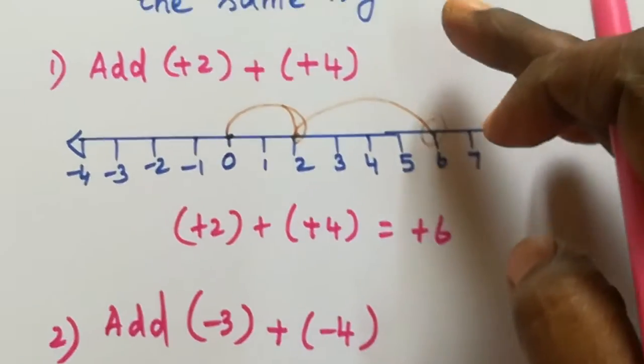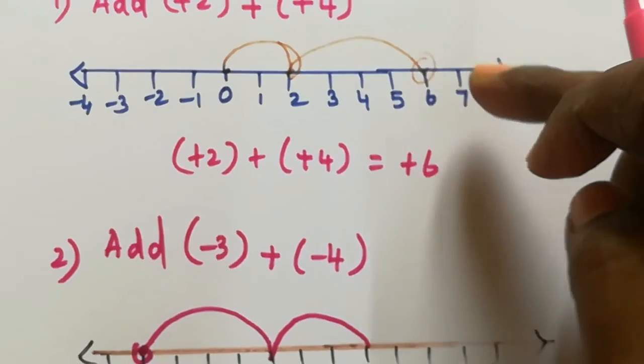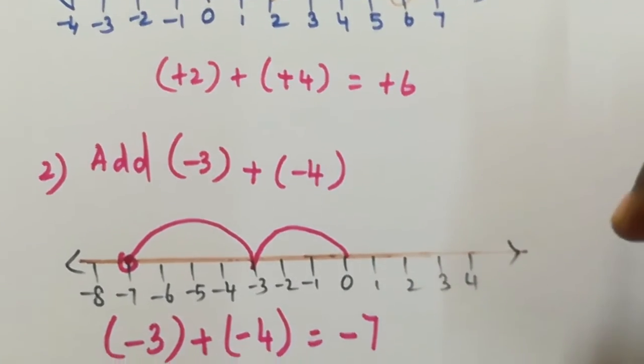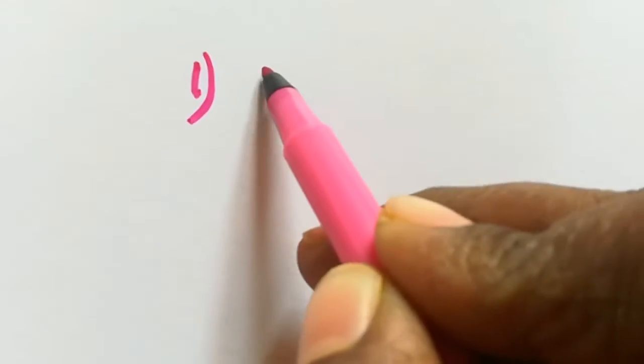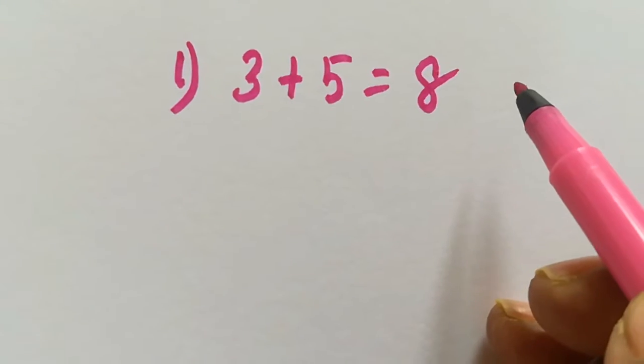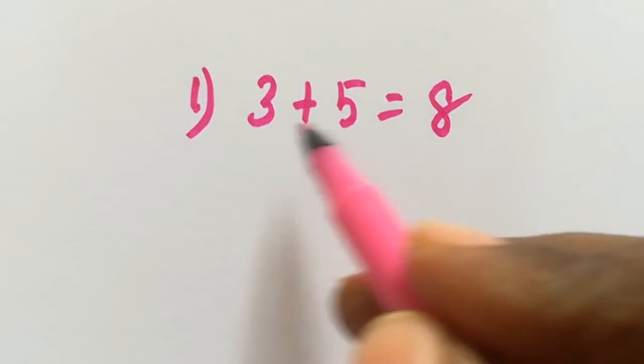See, in these two problems, we have used the number line. Okay, without the number line also, we can do the calculations. See, 3 plus 5, what do you get? 8. This is as usual addition only, isn't it?